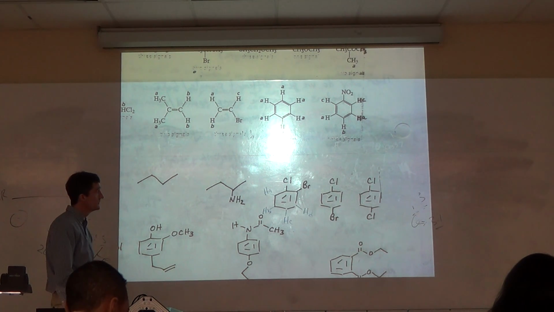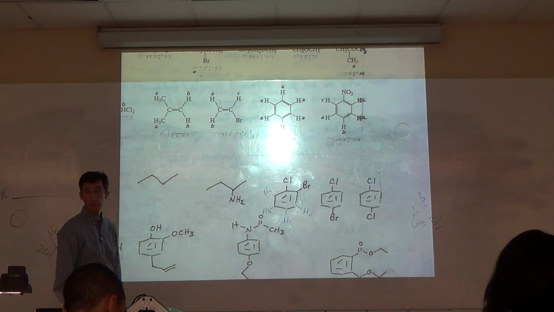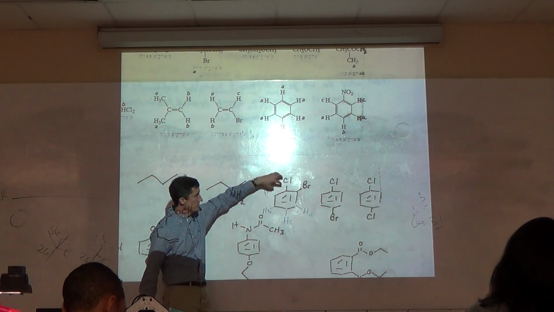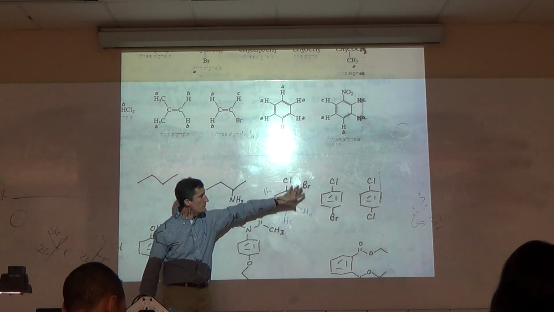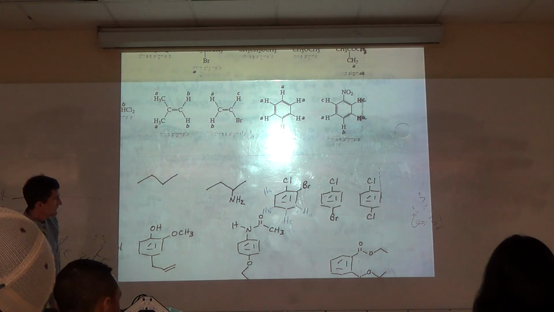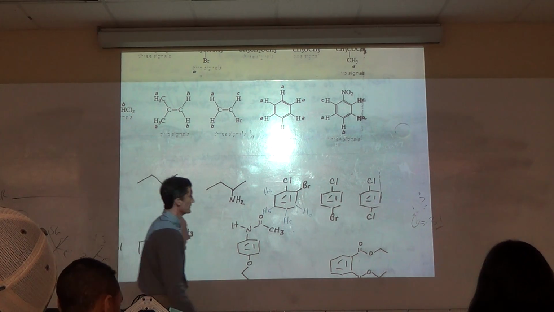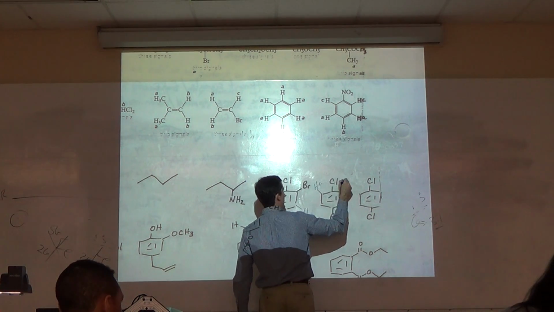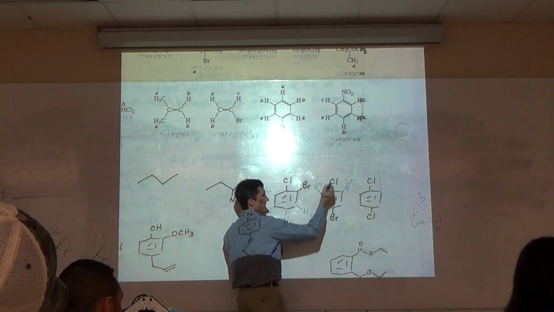You have to take into account the specific electronegativities of them, which make them different. Chlorine is more electronegative than bromine, so chlorine is going to de-shield this area more than bromine will de-shield that area. How many signals in the middle here? Those are the same, yeah? We've got symmetry here.